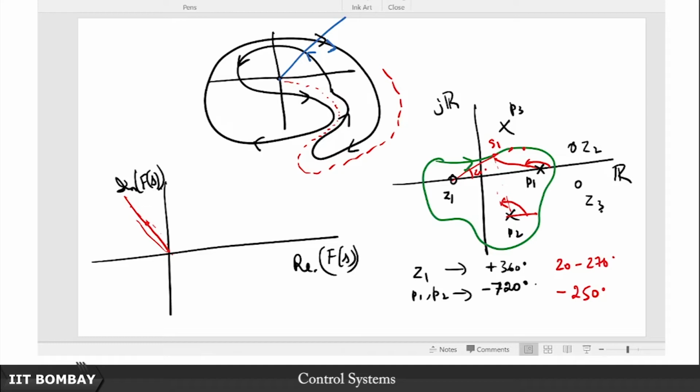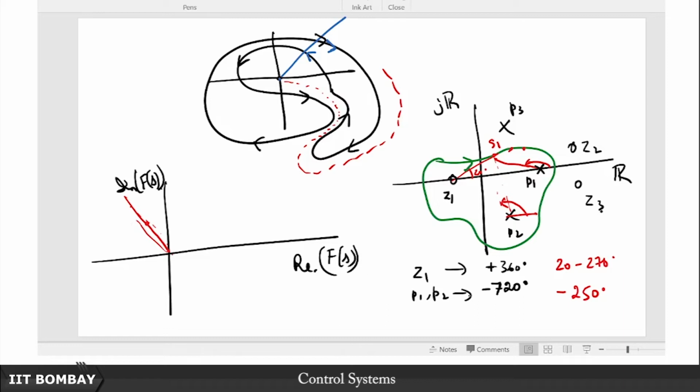When I am plotting this here and I am trying to find out the net contribution, when I write plus 360, what I essentially mean is that it agrees with the orientation of the contour in the S plane. So the orientation of the contour in the S plane is clockwise, it's rotating clockwise. So when I am saying Z1 contributes plus 360 degrees, it means that in the FS plane, Z1 will contribute a clockwise full encirclement.